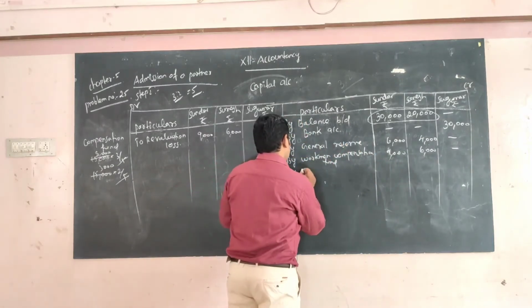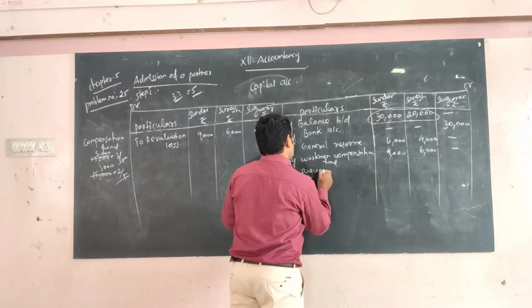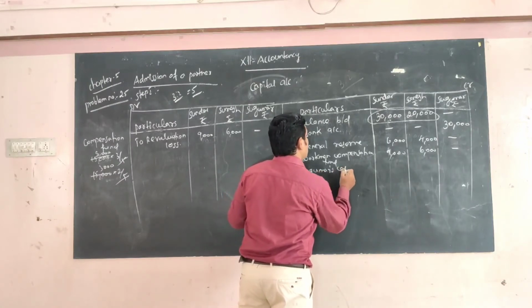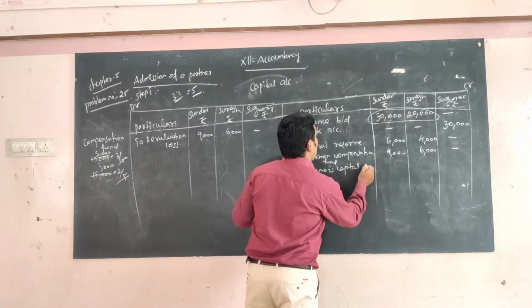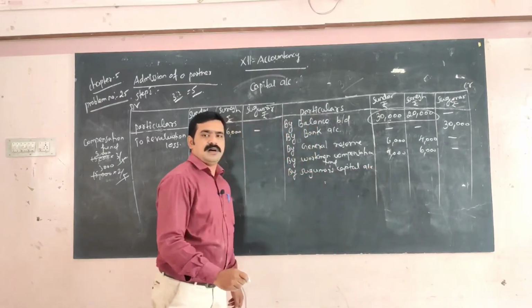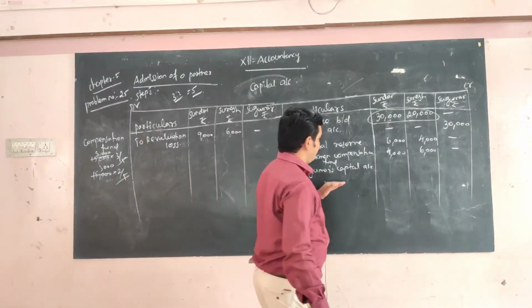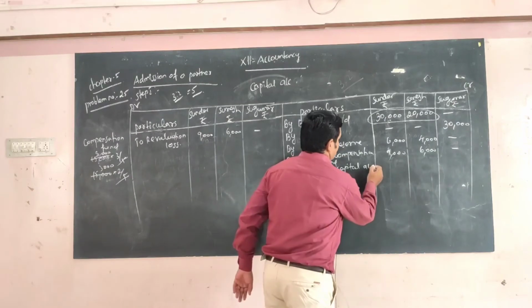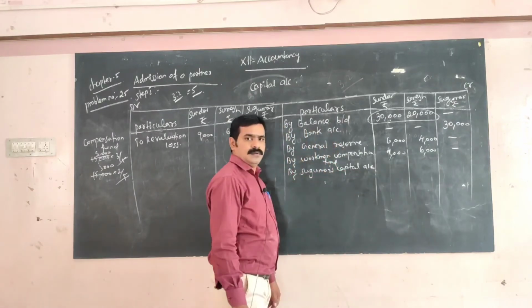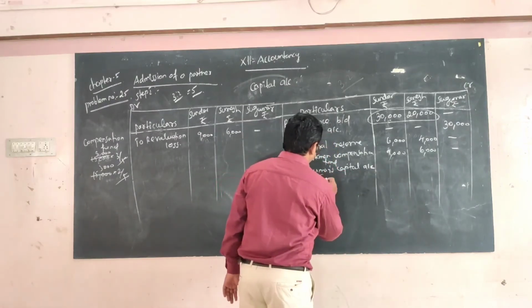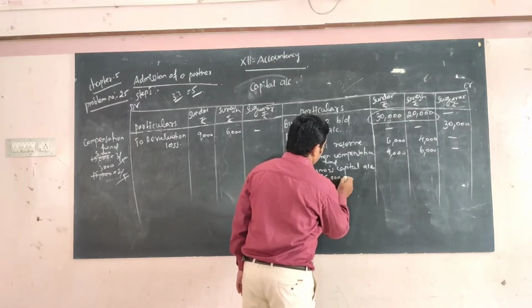So by Sukuma's capital account, we have to divide 5,000.